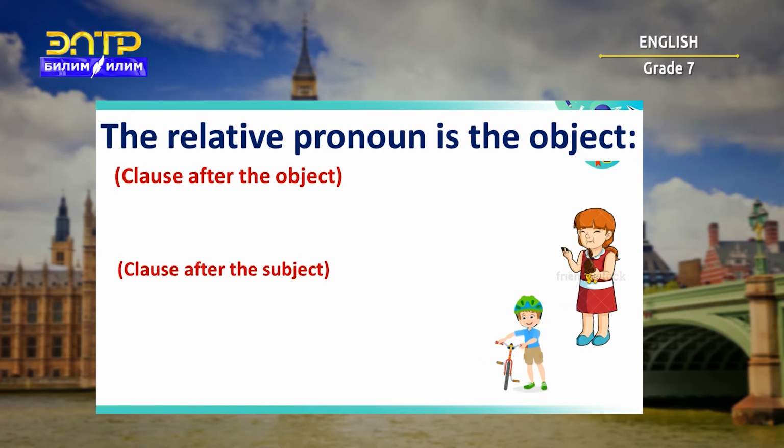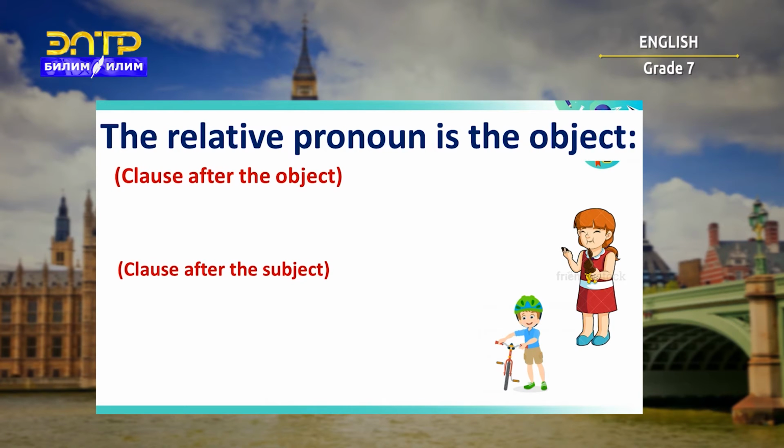The relative pronoun is the object. A relative pronoun is used to connect a clause or phrase to a noun or pronoun. The clause modifies or describes the noun. The most common relative pronouns are who, whom, whose, which, and that.